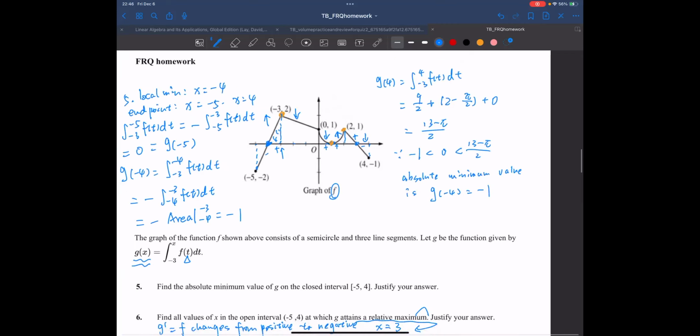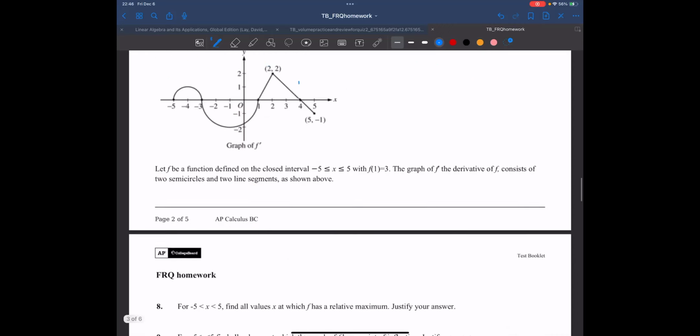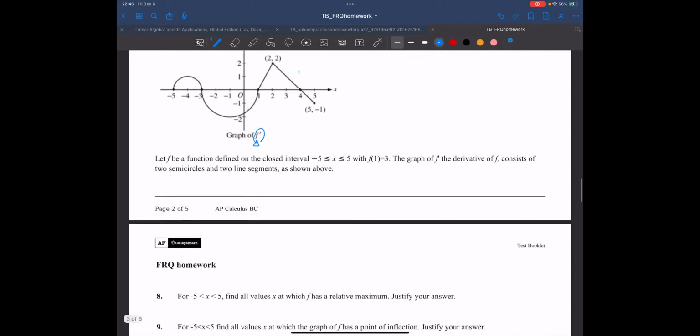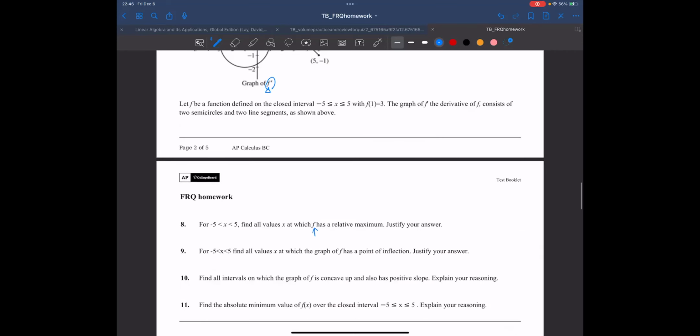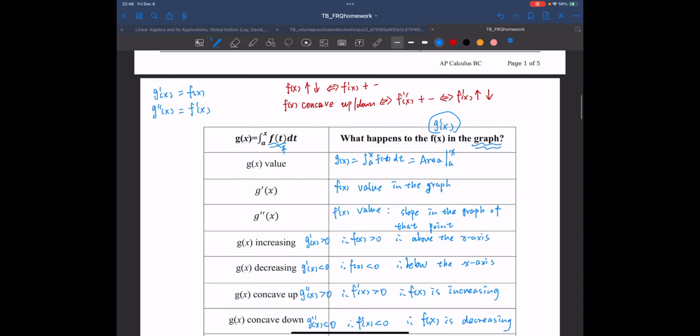Okay, that's the question in the question bank of College Board. And we can see the question here. It's the graph of f prime, and all the questions are about f. It's okay. You can always use the table.